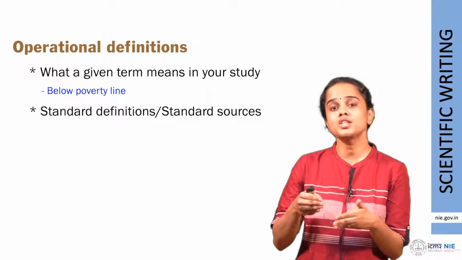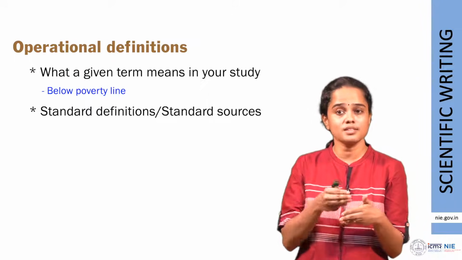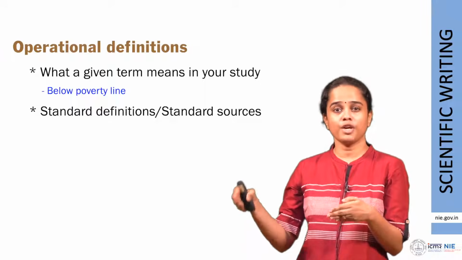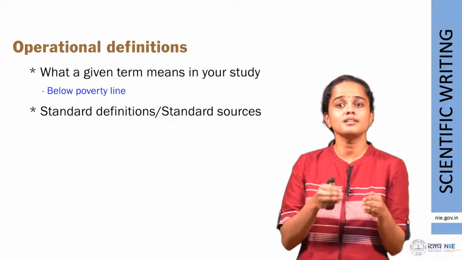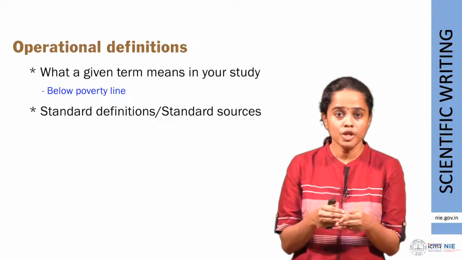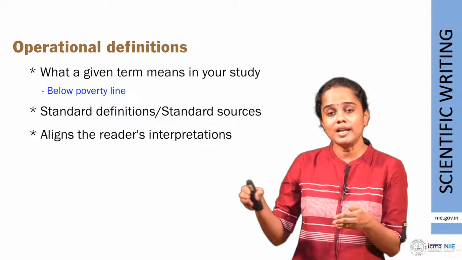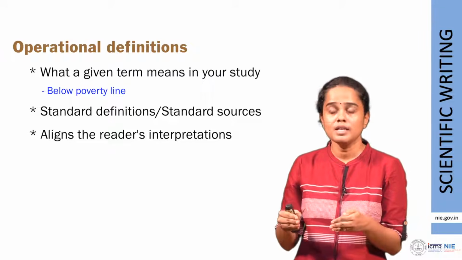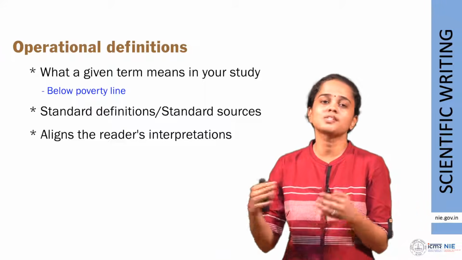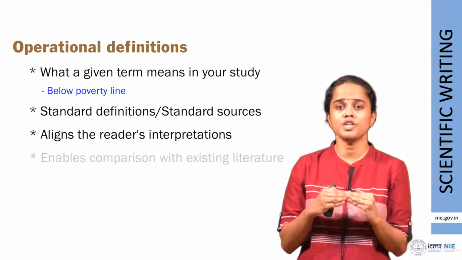So here if you say below poverty line and you define it very clearly, as in this study we've said, we've taken a convenient way of defining poverty line in this study as a monthly household income of less than INR 6,000. So now the reader knows what I mean later in the results when I say people who lived below poverty line constituted 20% of my study sample. So this sets the foundation for it.